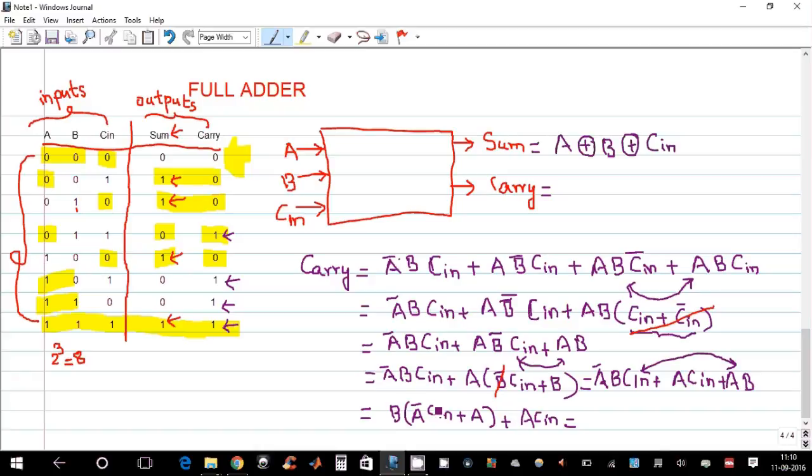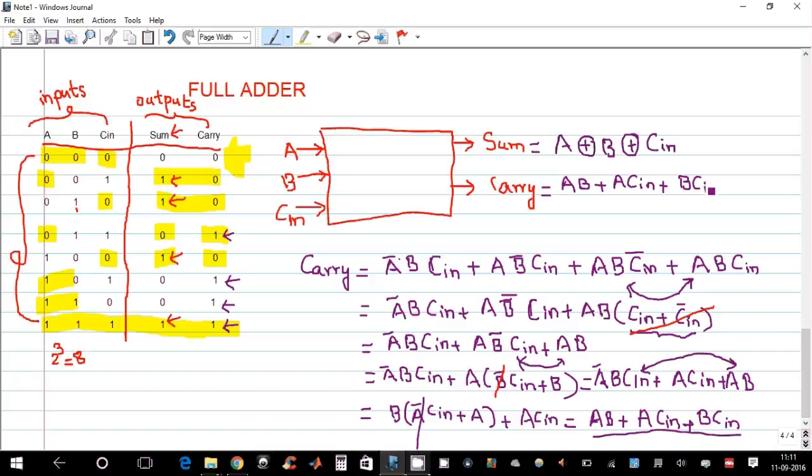So now we can ignore this A bar according to the optimization. So the resulting expression is a into b plus a into c plus b into c. So this is our output expression. So the carry value is a into b plus a into c plus b into c.